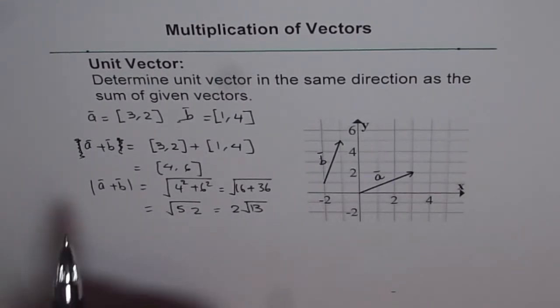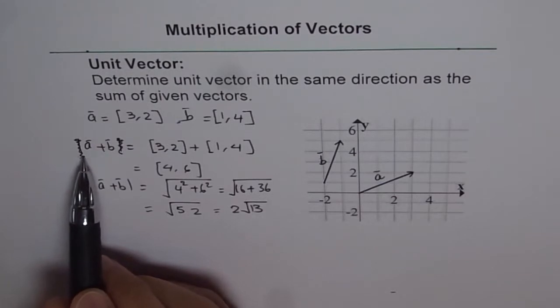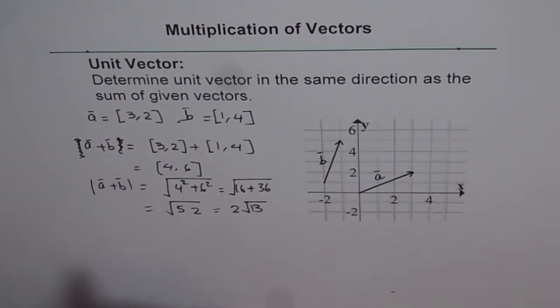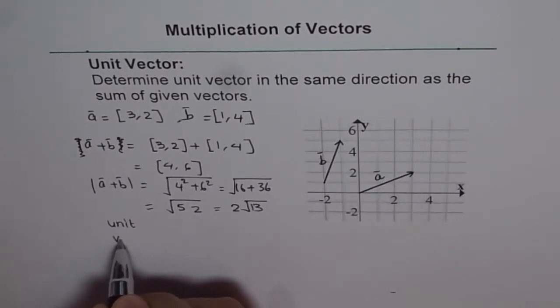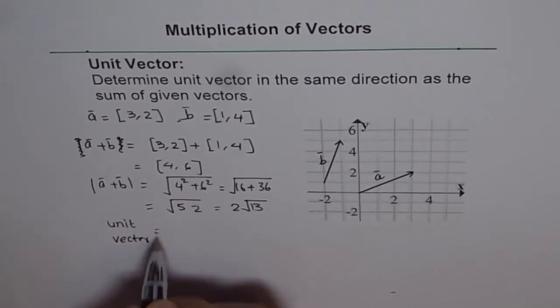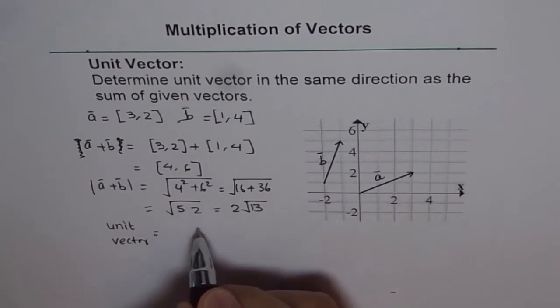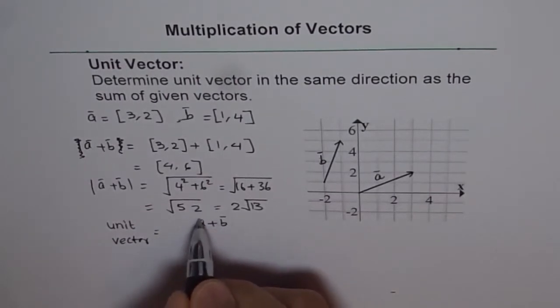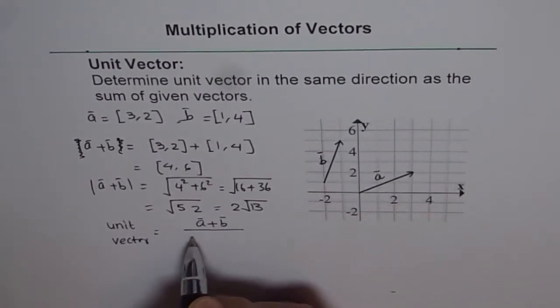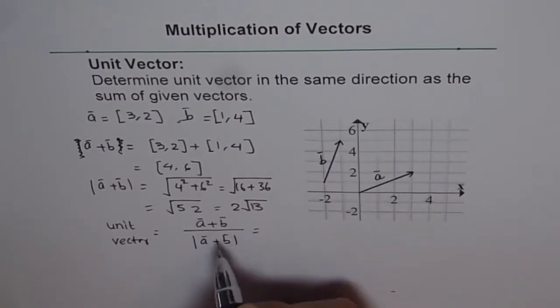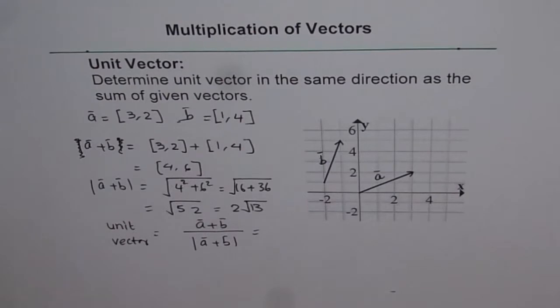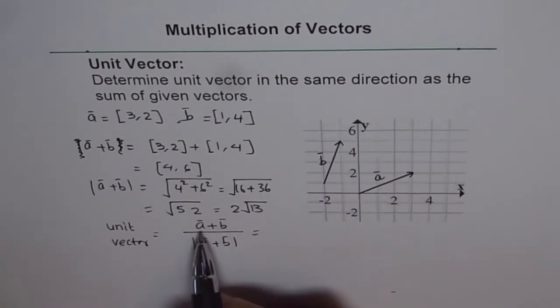Now the unit vector in the direction of the sum will be what? It will be the sum of the vectors divided by its magnitude, right? Magnitude divided by magnitude will be 1, a unit, and the direction remains the same as the direction of A plus B, correct?